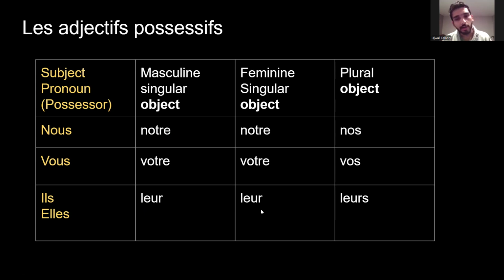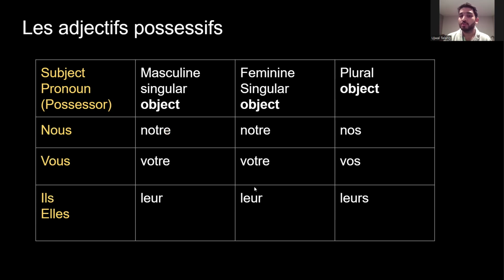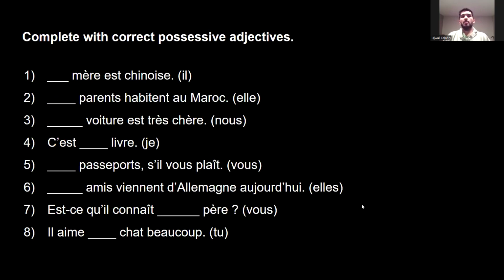So leur, leur, no difference. But for plural, you add an S, okay? Whereas here, there is a difference in all three. Mon, ma, mes, ton, ta, tes, son, sa, ses. Notre, notre, nos, votre, votre, vos, leur, leur, leurs. No difference in pronunciation for leur, leurs.